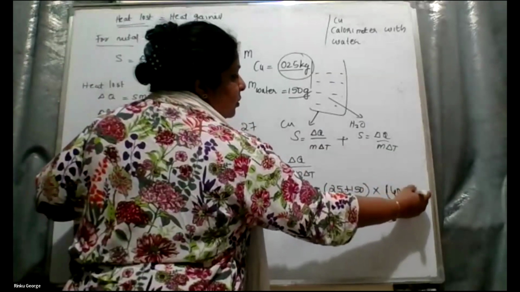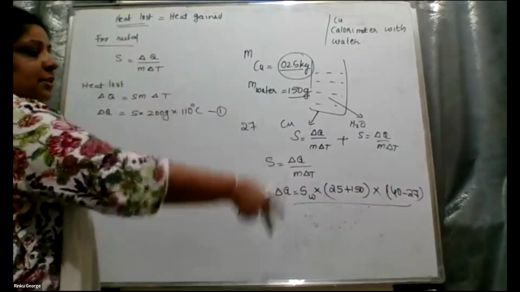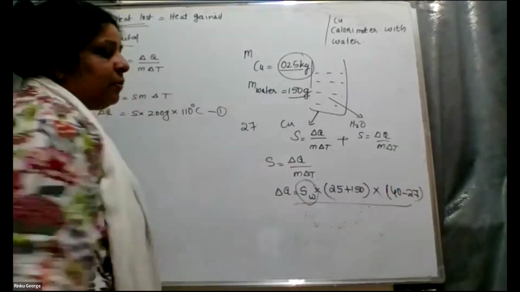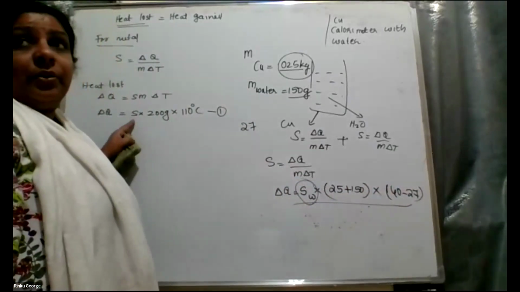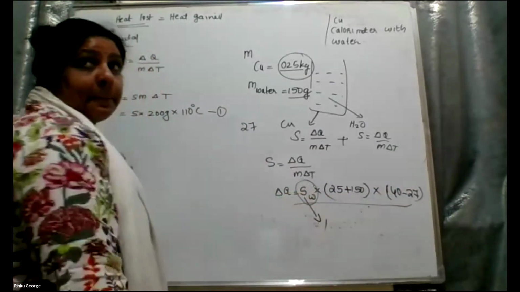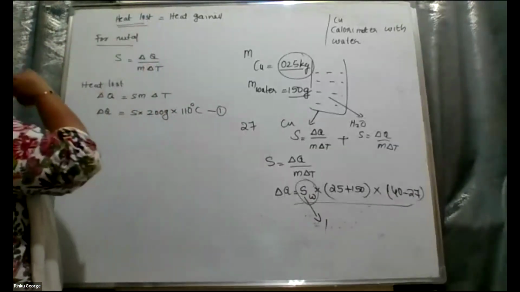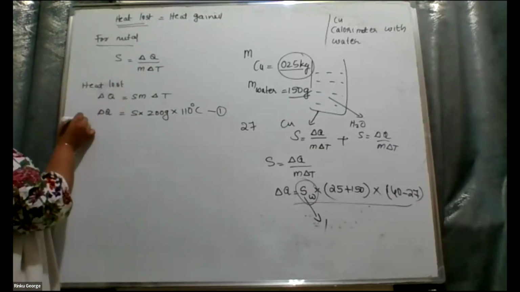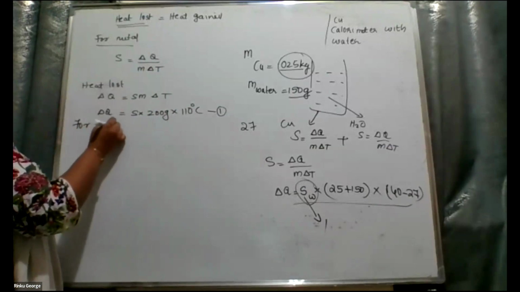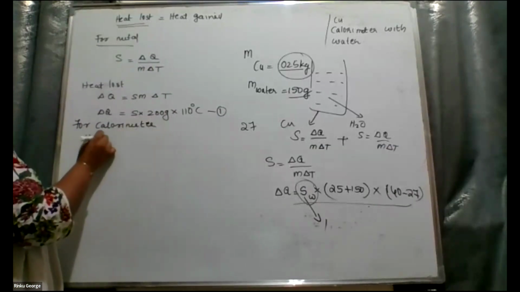Now this is the heat gain. So you will equate heat loss is equal to heat gain. Only S is unknown. S of water is 1, as I told you, in CGS, S of water will be 1. Okay, clear? Now this was for metal. Now for calorimeter, heat is gained.